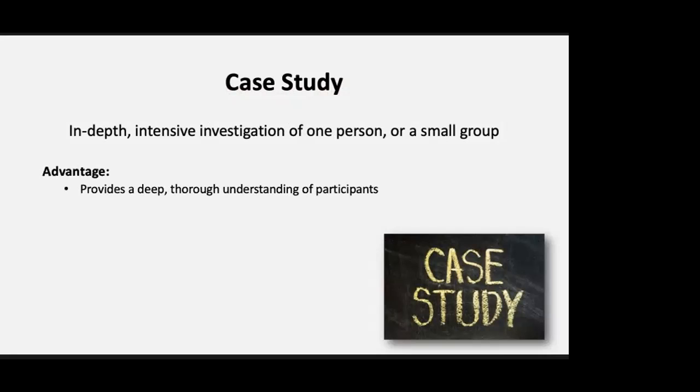A girlfriend of mine was actually in a case study. It was a small group case study, and it was her and her mom. So her mom had a miscarriage, and then she got pregnant with my girlfriend and had her. And so the experiment was at UC Davis. This was many years ago, but they still do things like this. And they had a small group of women who had had miscarriages before and now had a successful, viable pregnancy.